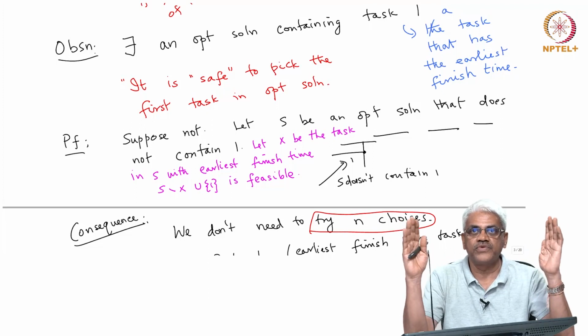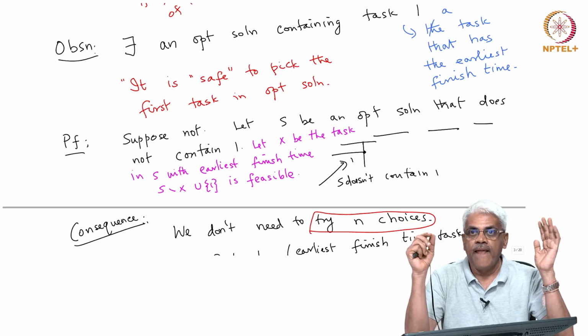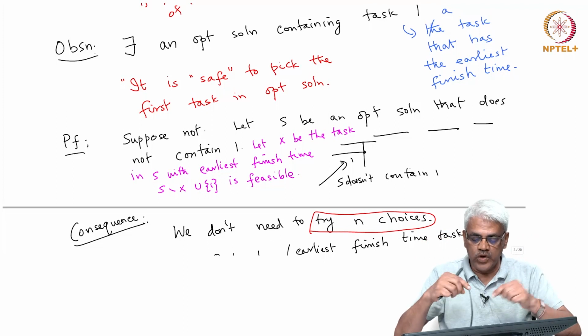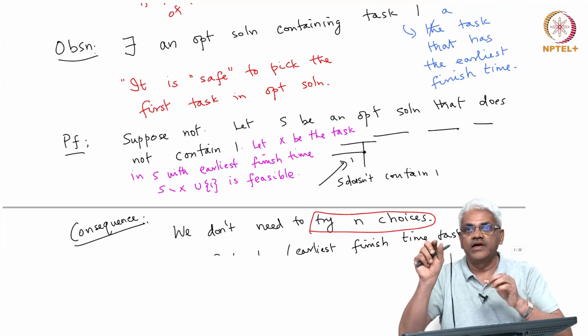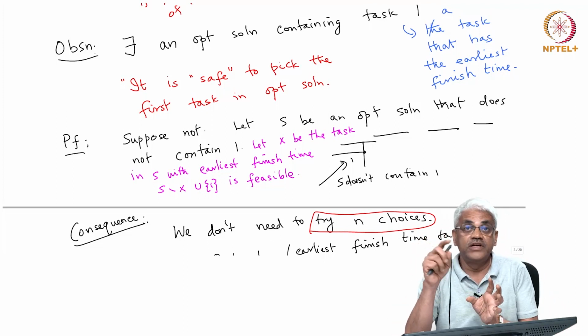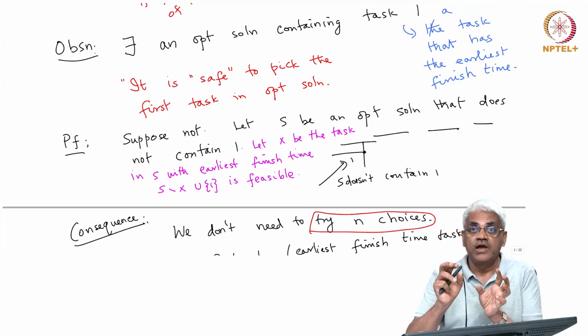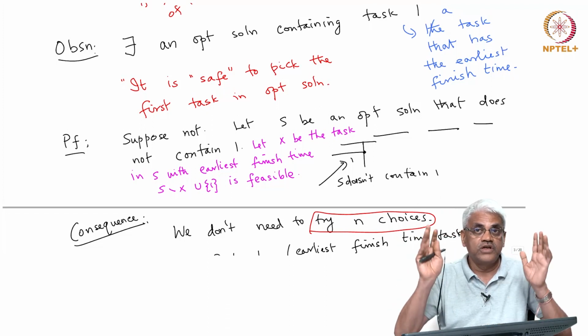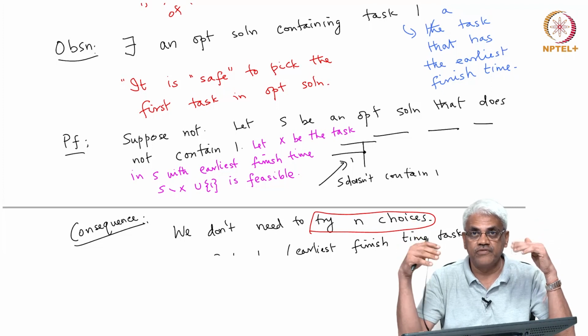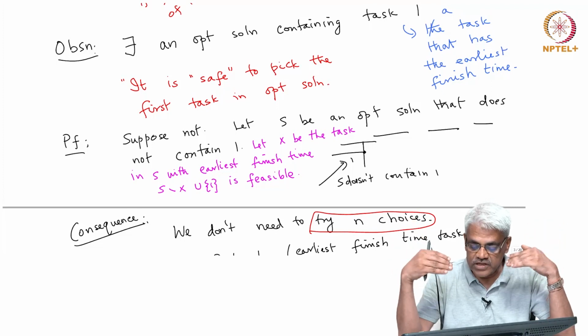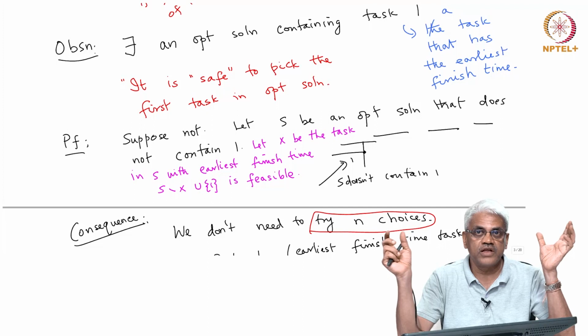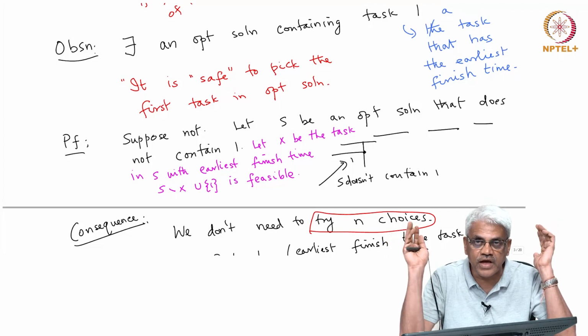So, the number of jobs remains the same. So, if I show that by doing this, removing the earliest finish time job in S and adding my earliest overall finish time job, I have not disturbed the overlap property, which means that in this new set also every pair is mutually non-overlapping, then I am done.